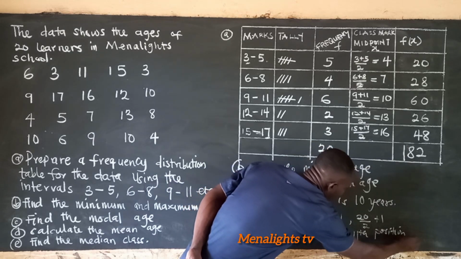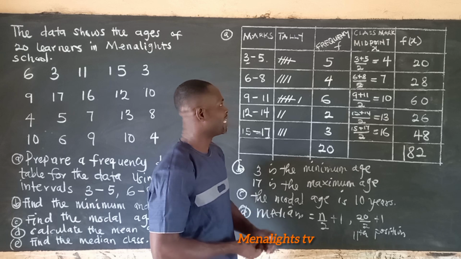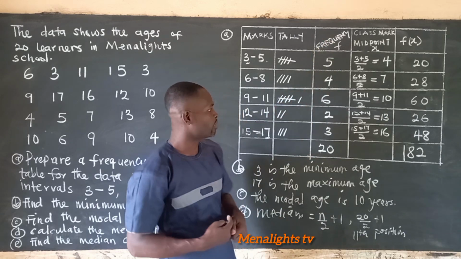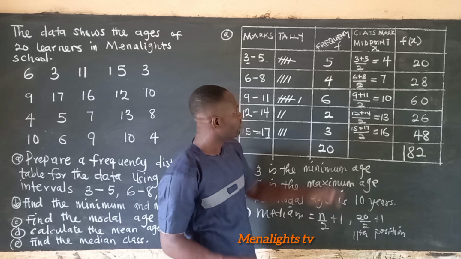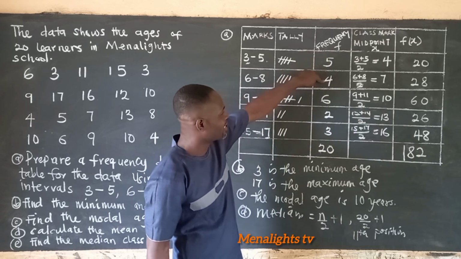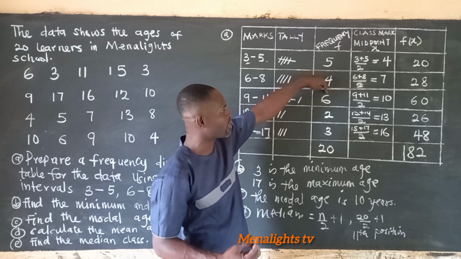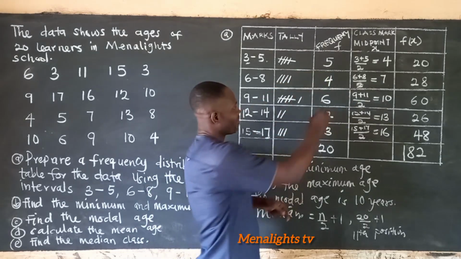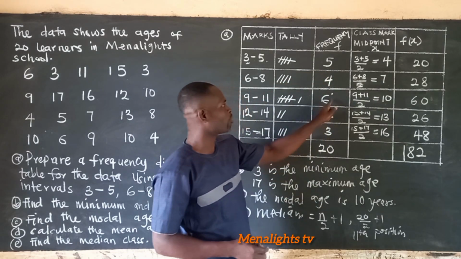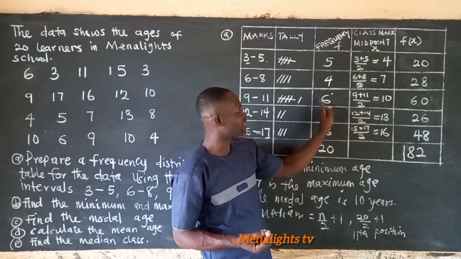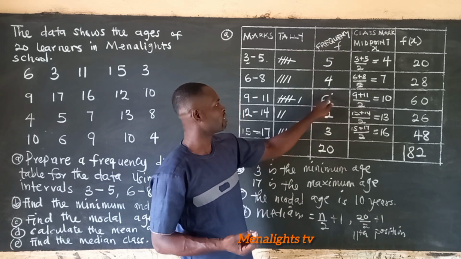position. So from the data, we are going to look at the 11th position, or you can use the frequency to get the 11th position. So let's look at what we have. So this will give us 9. So if we have 9 here, we are looking for 11. That means we still have to come down. Then that means our 11 is here. We need 2 more to add to this to get what? 11. So since we have 6 here, that means our 11 is here.